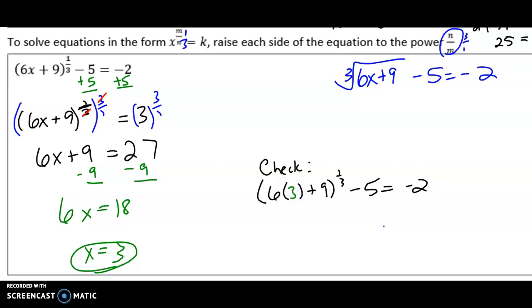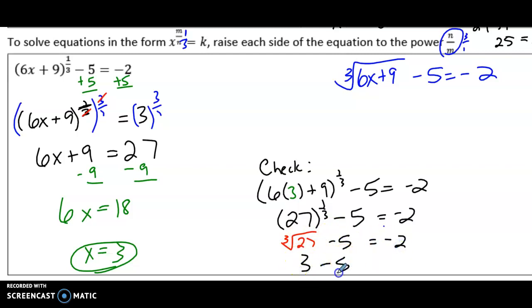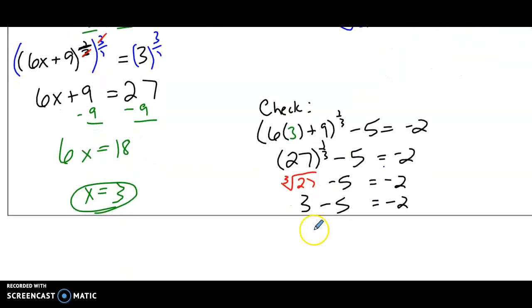So it becomes 6 times 3, 18, plus 9 is 27 to the 1/3 power, minus 5 equals -2. 27 to the 1/3 power, remember, is just the cubed root of 27. So you have 3 minus 5. Does that equal negative 2? Yep. So it checks.